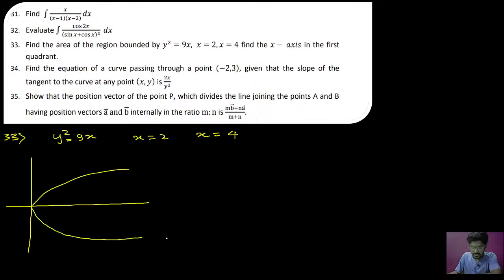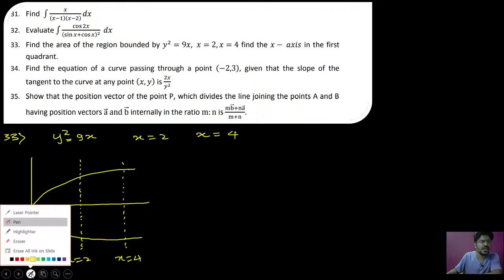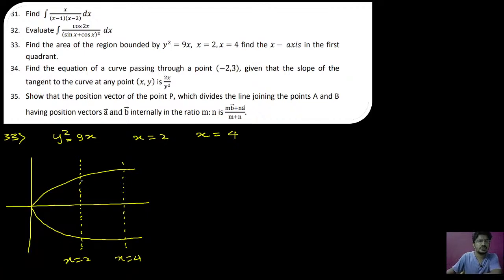This is the nature of y square equal to 9x, and you can see the parallel lines x equal to 2 and x equal to 4.